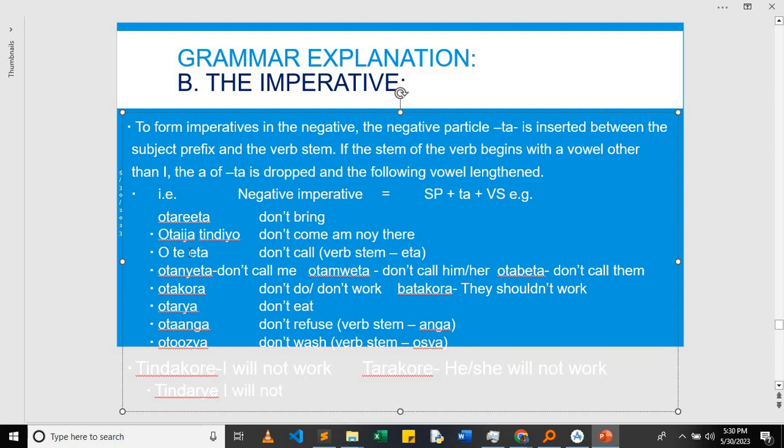So what we do is drop the a and double the vowel, and the verb becomes oteta. You get it? Oteta. Then we have otanyeta. Don't call me, because this one comes with nyeta. Nyeta is call me. The ta remains because ny is not a vowel. Otamweta. Don't call him or her. This mwe means him or her.